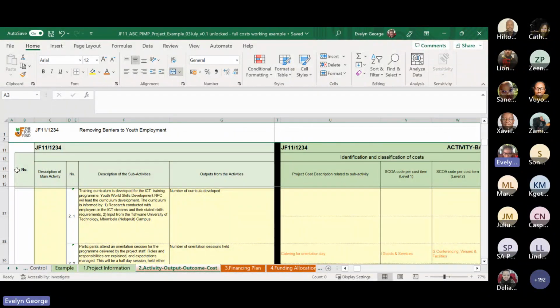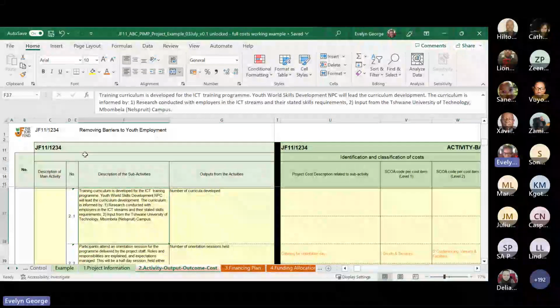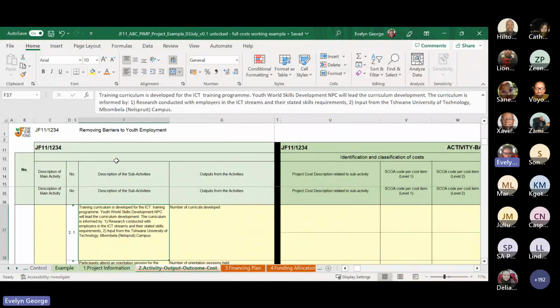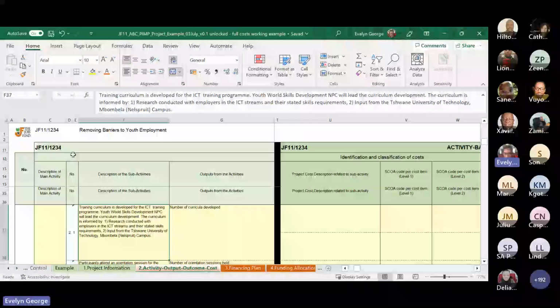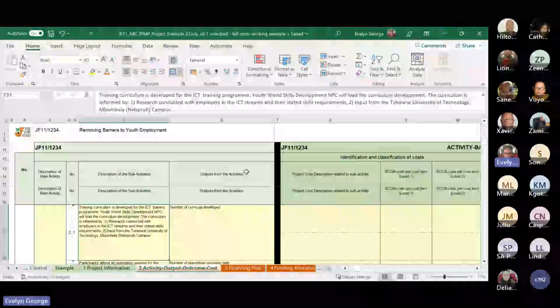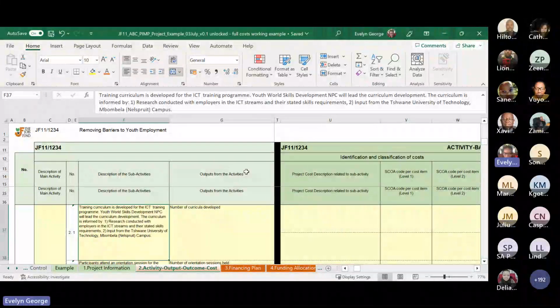Training material, yes, you can and you should cost for it. There was an activity here, I just skipped it, around curriculum development. Depending on how you've described your activities, you could cost for training material and the tools you require.